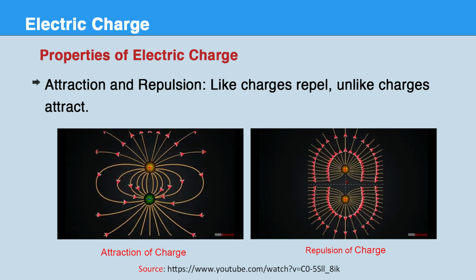So, if you have two positive charges or two negative charges, they will push away from each other. But if you have one positive and one negative charge, they will pull towards each other. It is like magnets with opposite poles, meaning like charges repel and opposite charges attract.